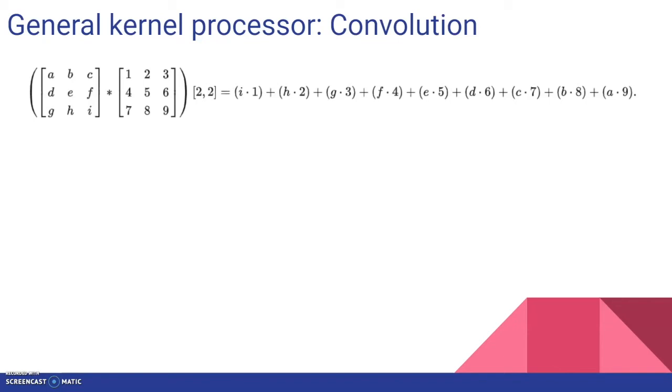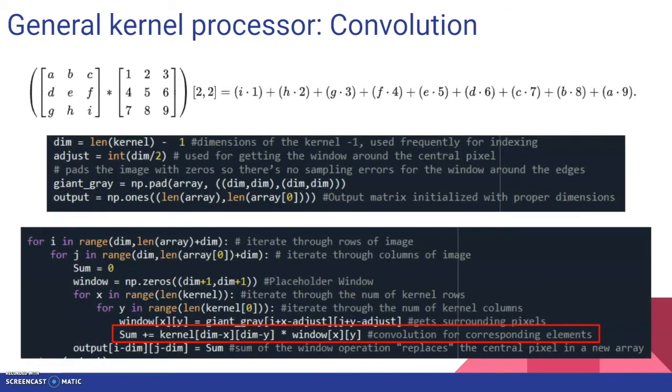There is a way to access what element you need to multiply in the other matrix though, and that is by taking the dimension of the matrix minus 1, since referencing starts from 0, and then subtracting the original matrix index. And that's what we've done here. And this works because we're calculating the sum, and both multiplication and addition are commutative.